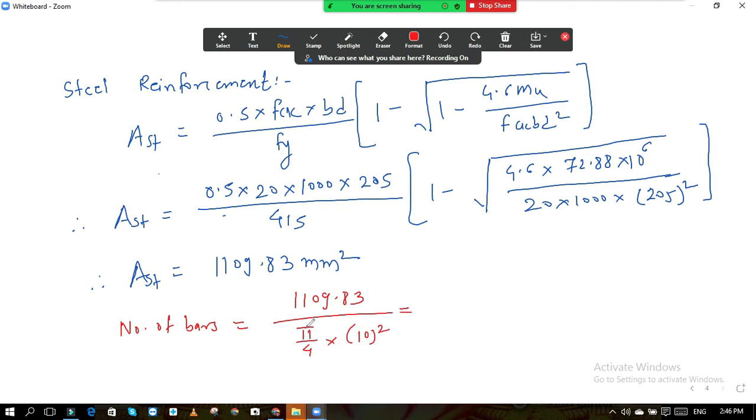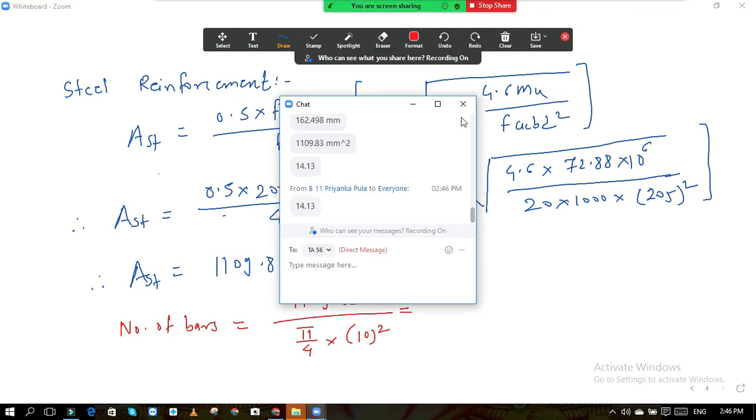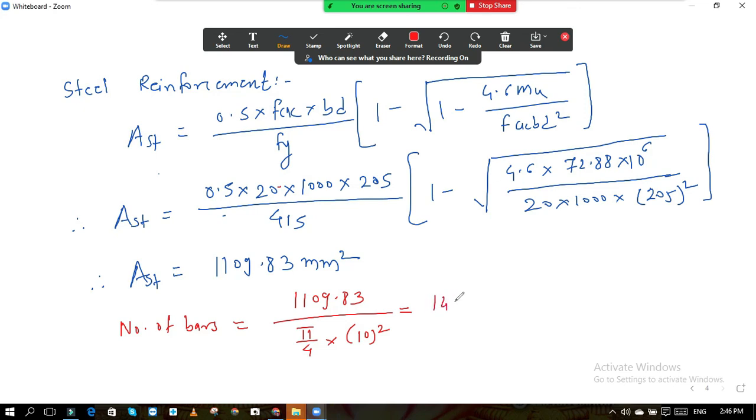Now how many number of bars? 14.13, which is nearly equal to 15 numbers.